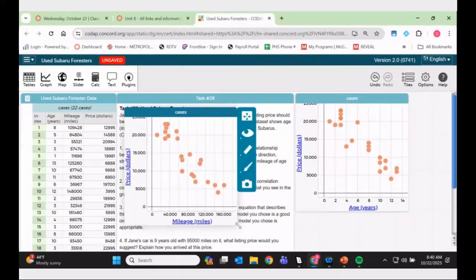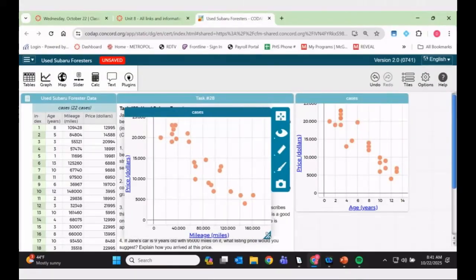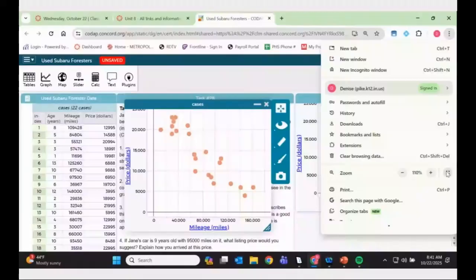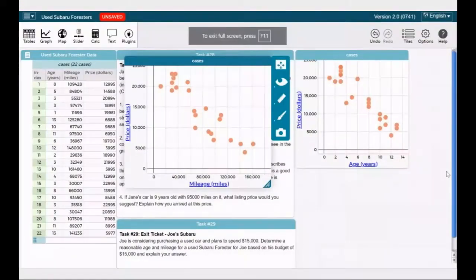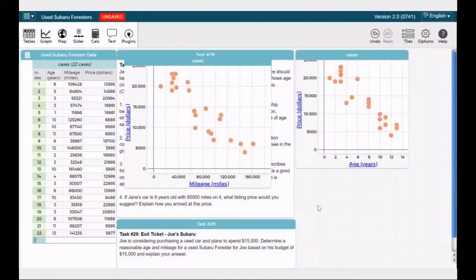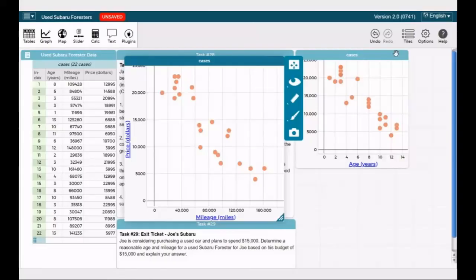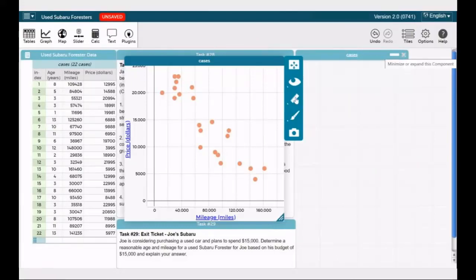So, all right, taking a look at my graphs. Let's see if I can pull this down and pull this up. And let's see if I can make this a little bigger. Here we go. So, what can you tell me about looking at this first graph? I'm going to minimize this one.